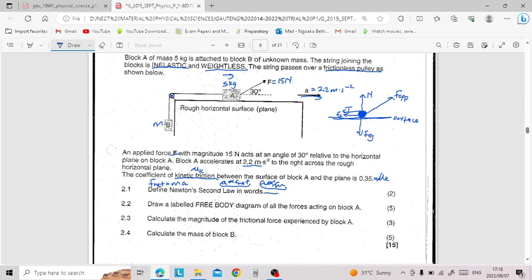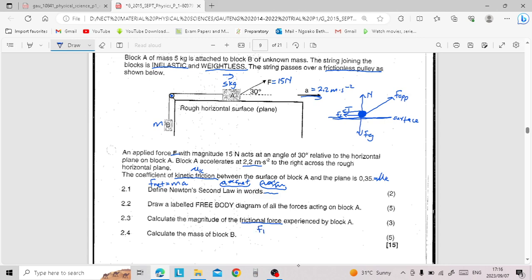Calculate the magnitude of the frictional force experienced by block A. To calculate the frictional force, we use the coefficient of kinetic friction, because friction is drawn from the coefficient of kinetic friction.